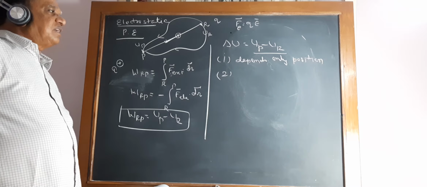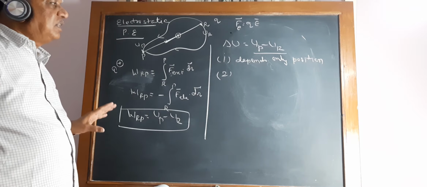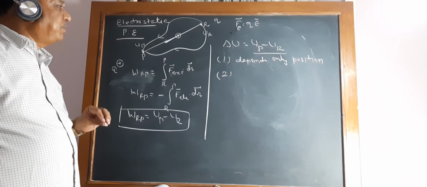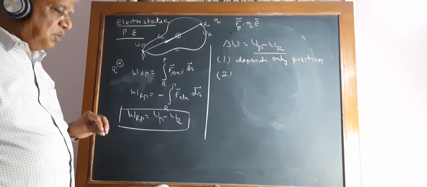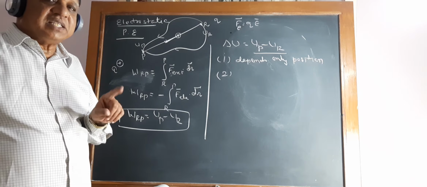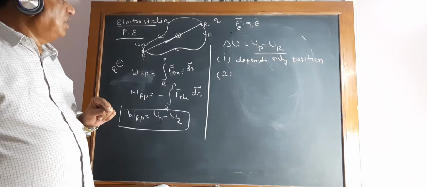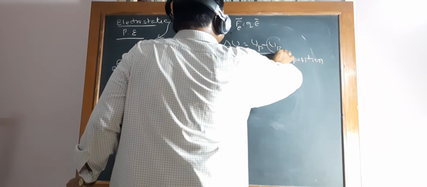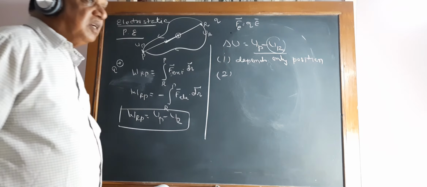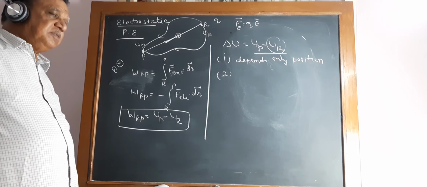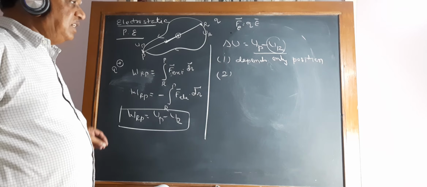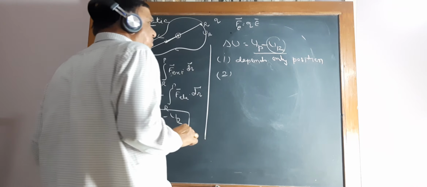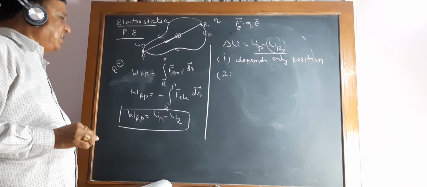But we are free to select any point in the electric field due to any type of charge configuration. Suppose we are taking another point at infinite, then at infinite potential energy is 0.